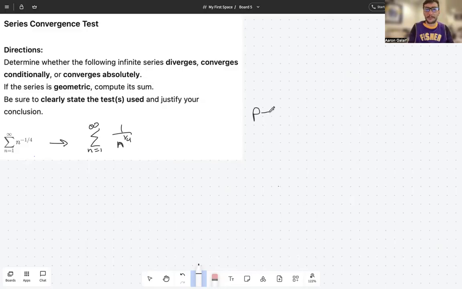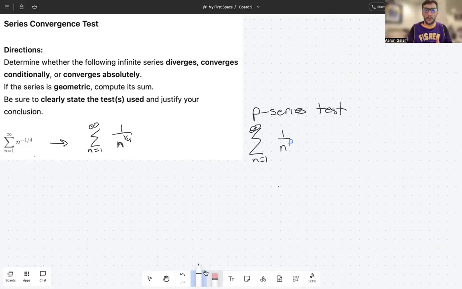And why is that? It's because we know what the p-series test involves. The p-series test is taking this convergence, and we're going to have 1 over n to the power of p right here, right? And then this is the typical rules of n equals 1 to infinity, the summation of that function.